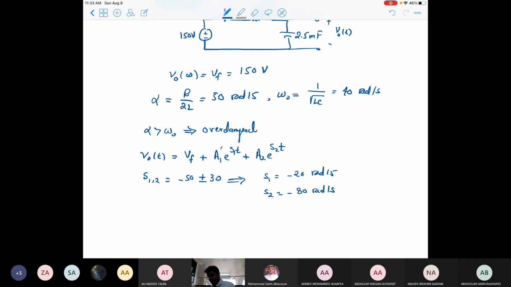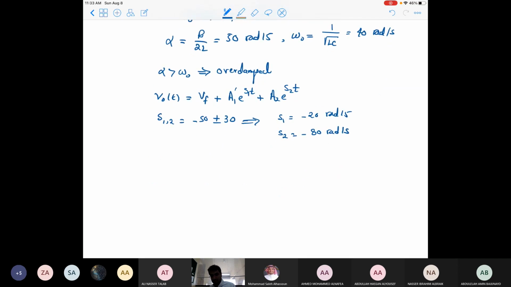So we can easily solve for the coefficients by using the initial conditions. In this case, the initial value was 200, so 200 will be A1 prime plus A2 prime.